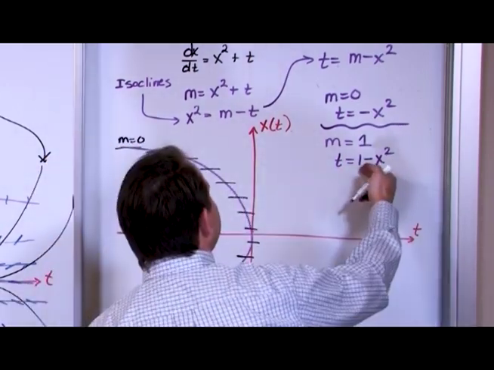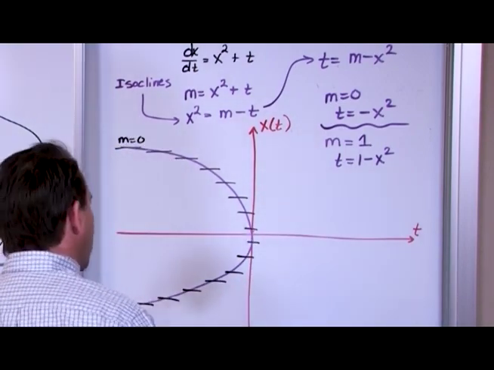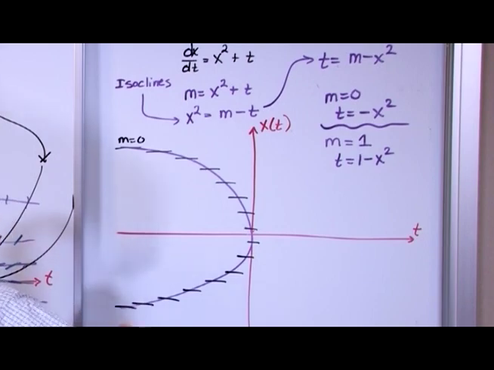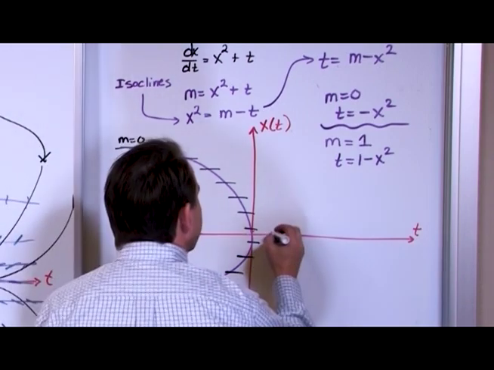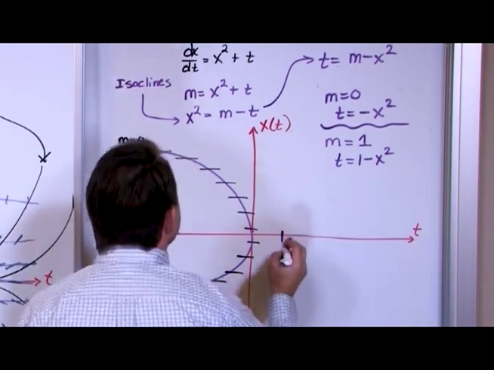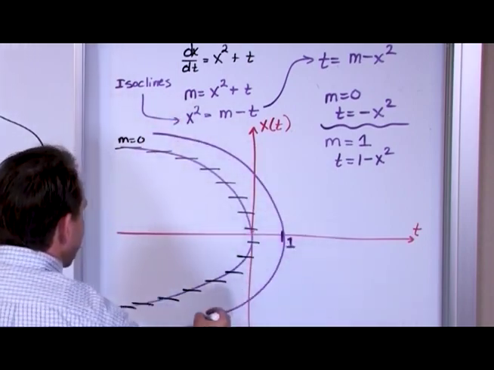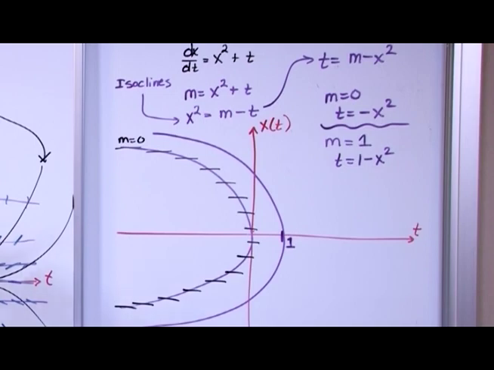I'm adding in the t direction of 1. So what's going to happen there, if you look at that isocline, is this is going to be 1. So in this case, the parabola is going to look like this, right? At m is equal to 1.